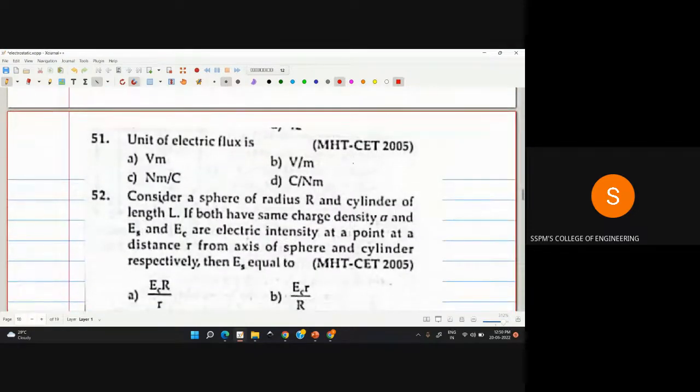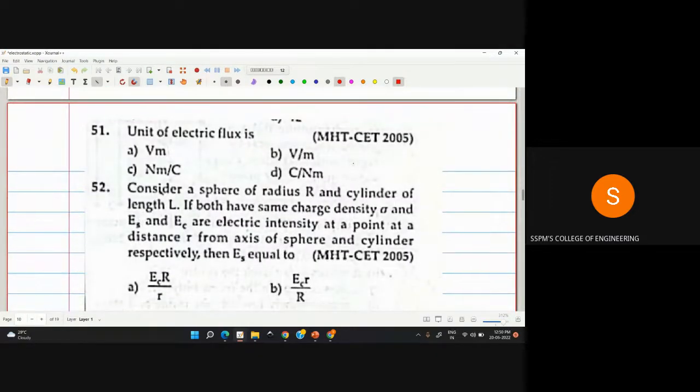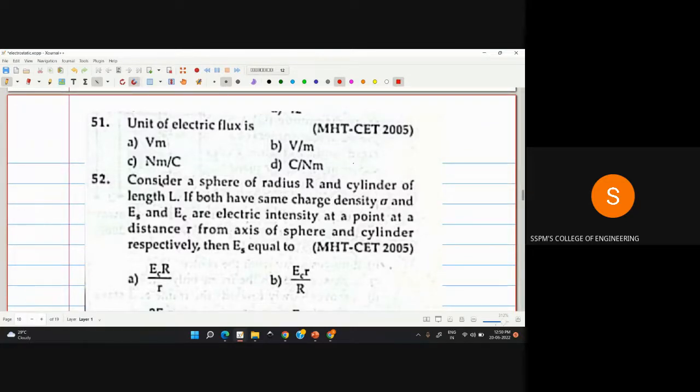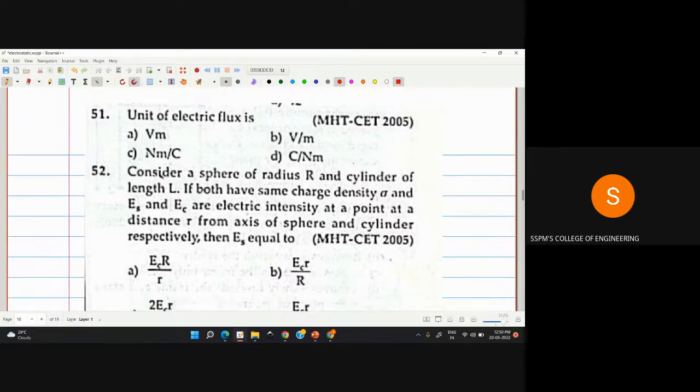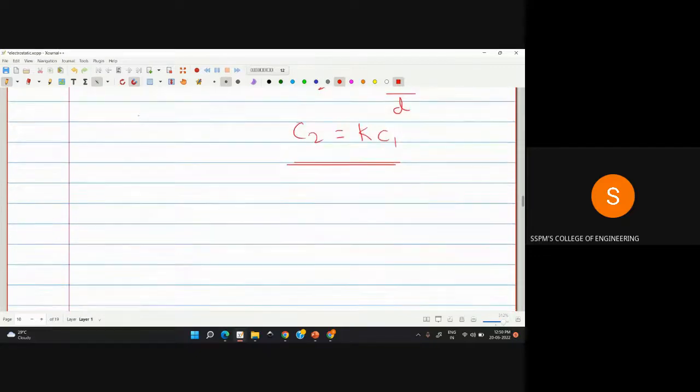Look here, the unit of electric flux. This example is asked in the MHTCET exam. Now you have to recall Gauss law here. What is the Gauss law? Gauss law states that the line of electric flux crossing the closed surface is equal to surface integration of E bar dot ds bar.